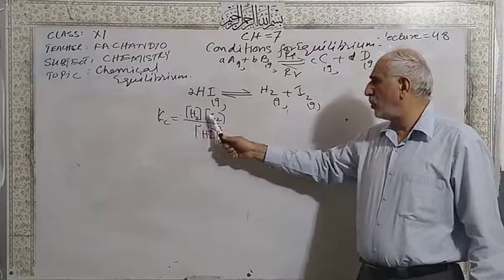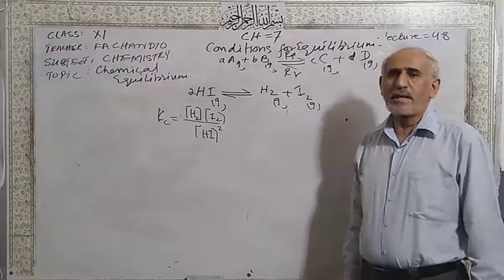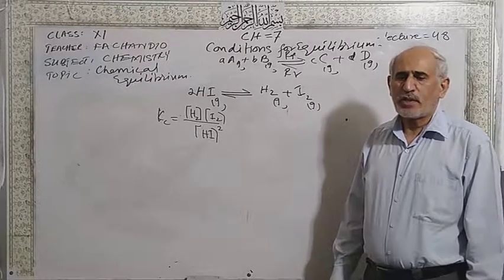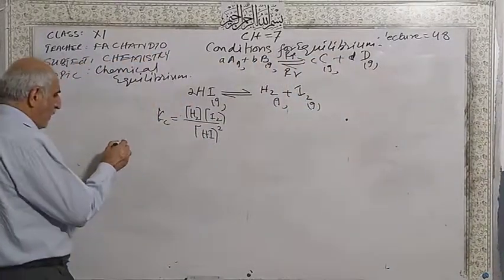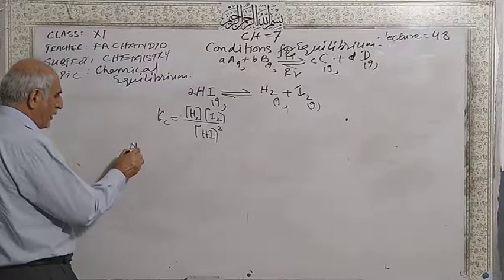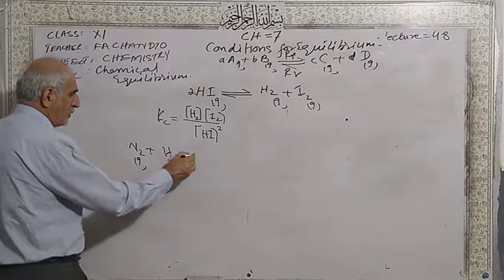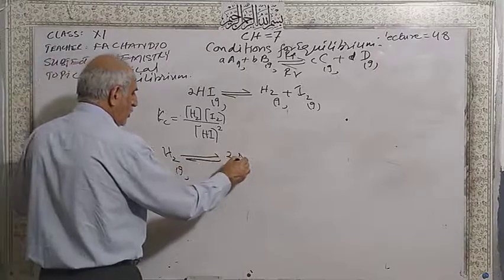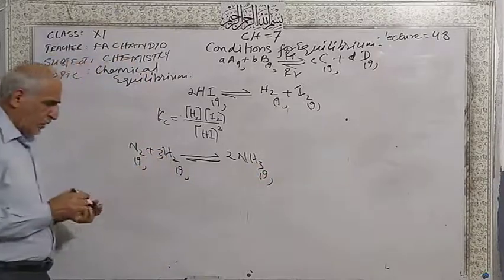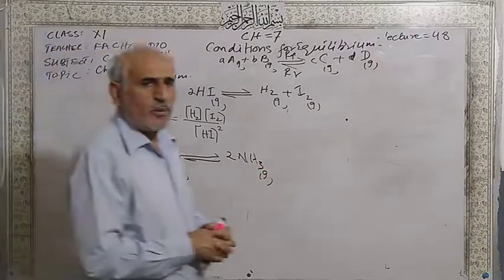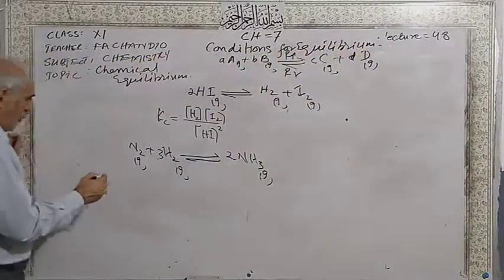Moles per decimeter cube, moles per decimeter cube, moles per decimeter cube squared. They are all cancelled out. That's why there is no unit here. But in the case of nitrogen gas plus hydrogen gas forming 2 moles of ammonia gas, like this one, on both sides the number of moles are different.